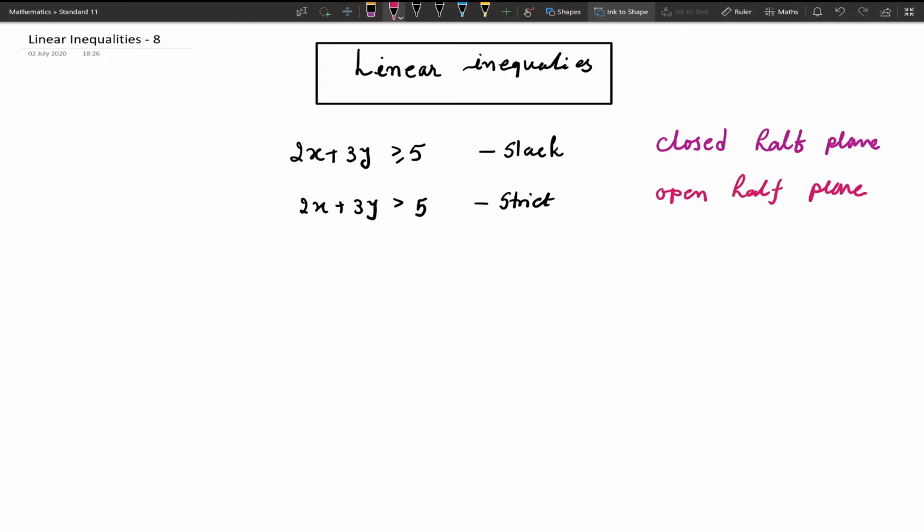Now we discuss problem example 1. Solve the following system of inequalities graphically.